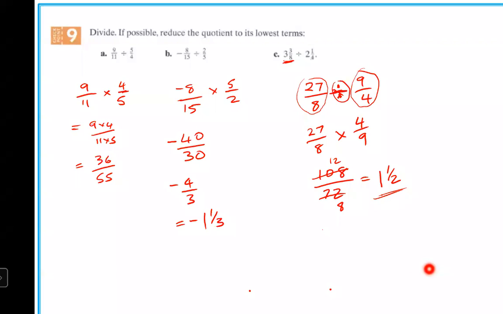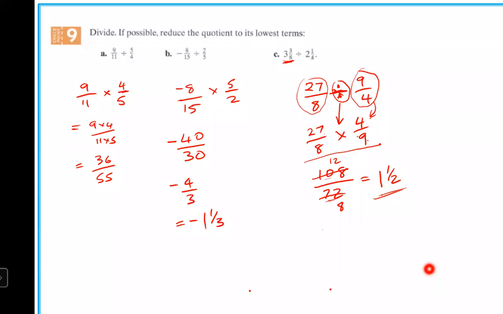Now, once we finish converting to improper fractions, we can go ahead and use the reciprocal of the second fraction. So we change this division to multiplication and invert this one. So it's going to be 27 over 8 times 4 over 9. When you multiply, 27 times 4 gives you 108, and 8 times 9 gives you 72.